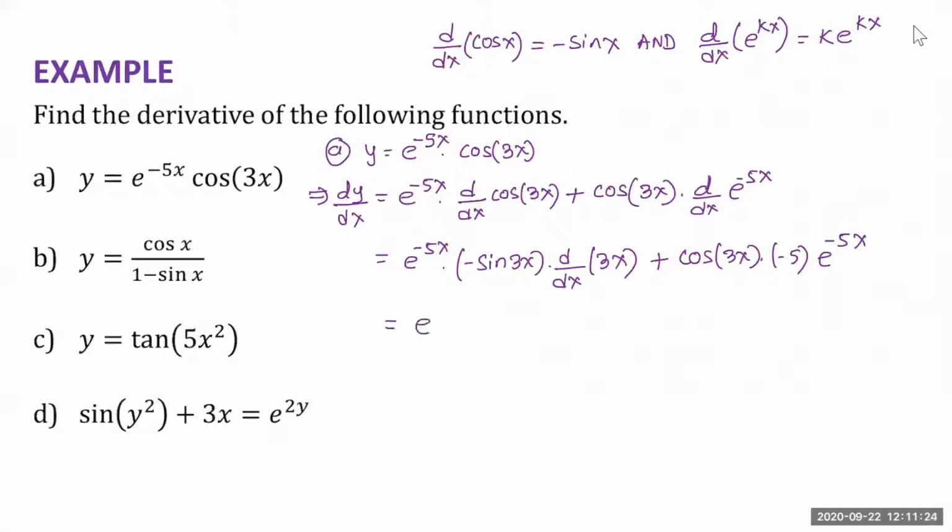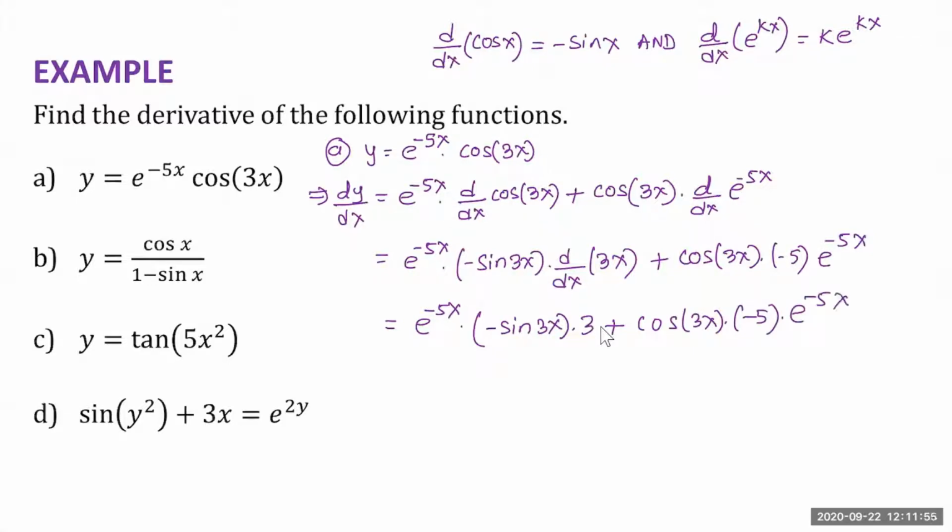This is equal to e to the negative 5x multiplied by negative sine 3x multiplied by the derivative of 3x, which is 3, because 3 is a constant, so we pull it out, and the derivative of x with respect to x is 1, so 3 times 1 is 3, plus we have cosine 3x times negative 5 times e to the negative 5x.